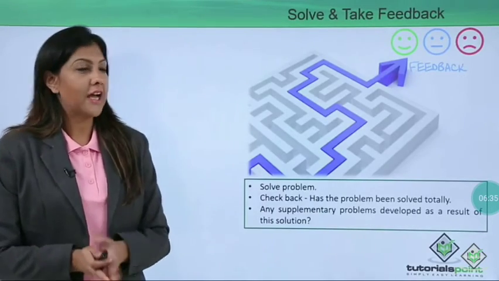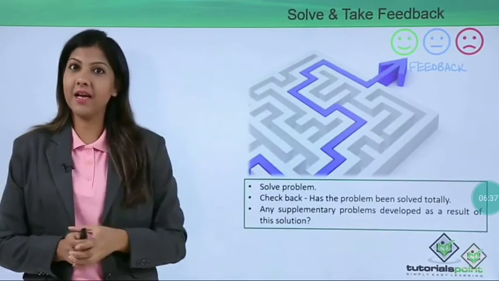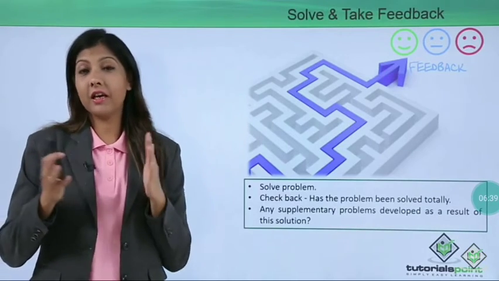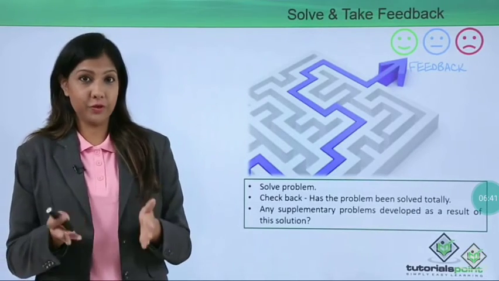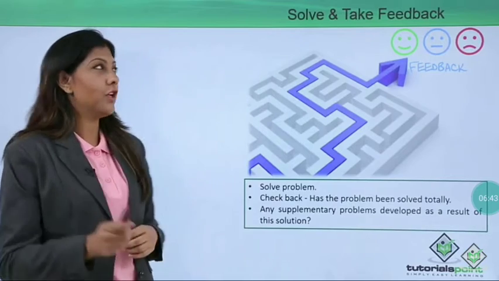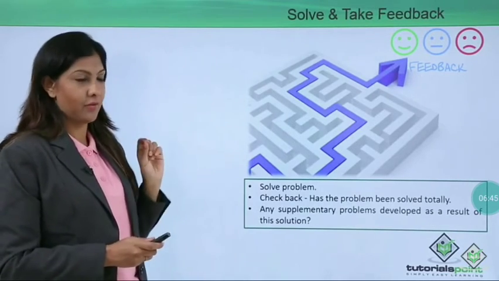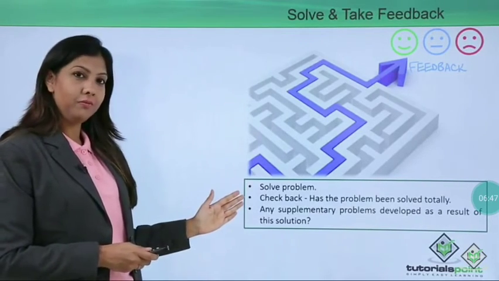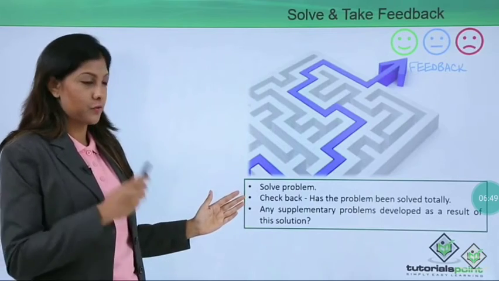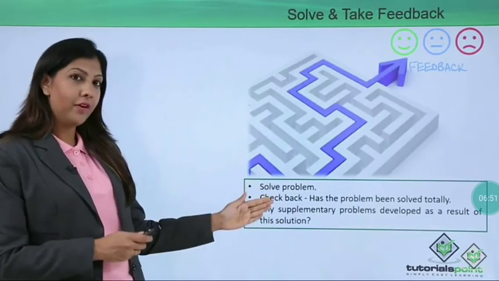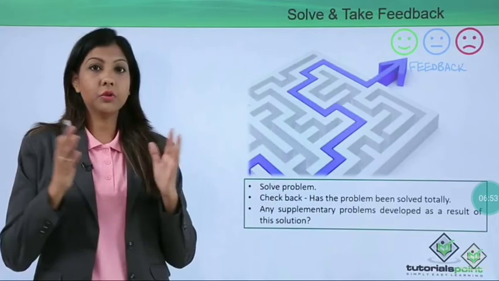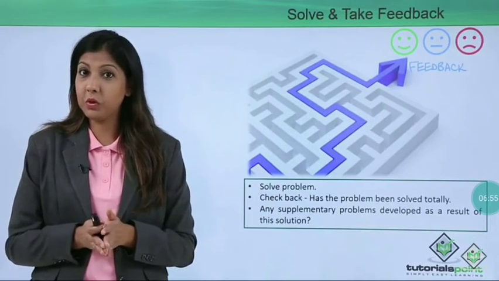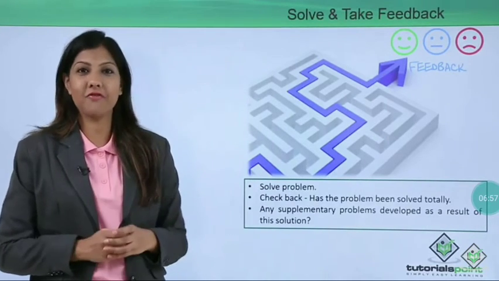So now we are going to look at solve and take the feedback. Once you have solved the particular problem, you need to make sure that you take feedback from the people. So identifying the different options, you solve the problem. Check whether there has been a total solution to that particular problem or it has been only temporarily fixed up.